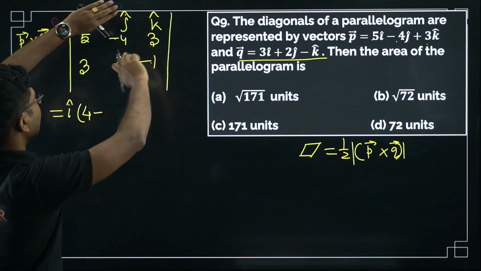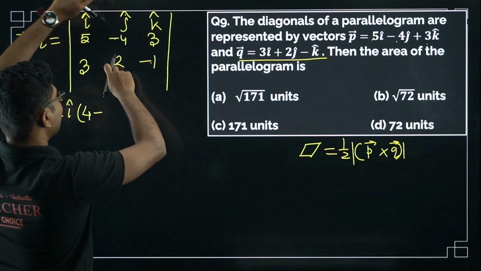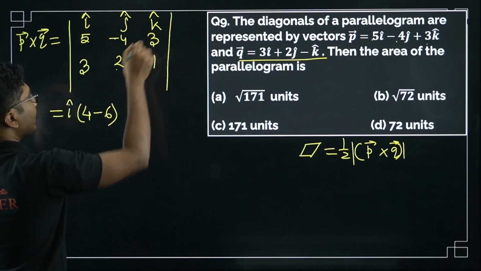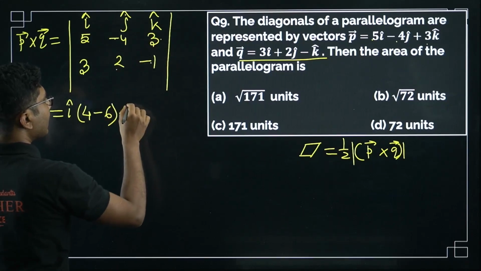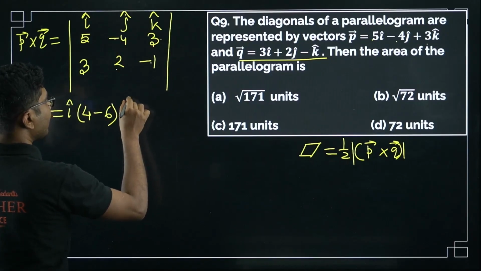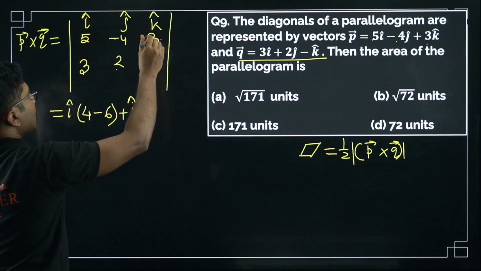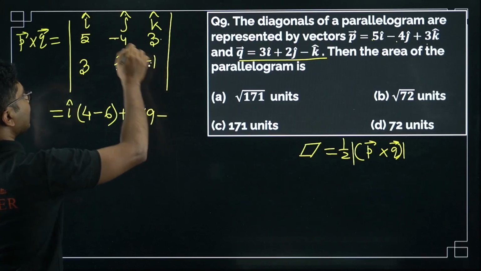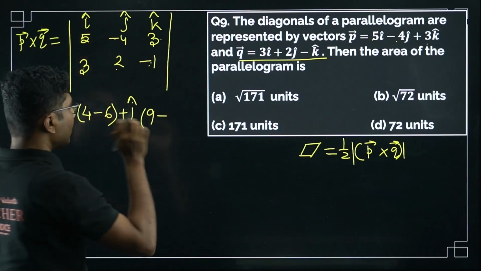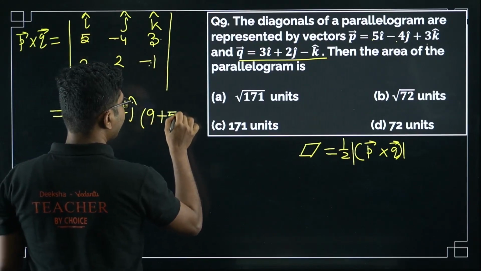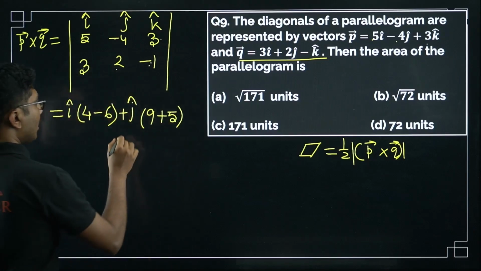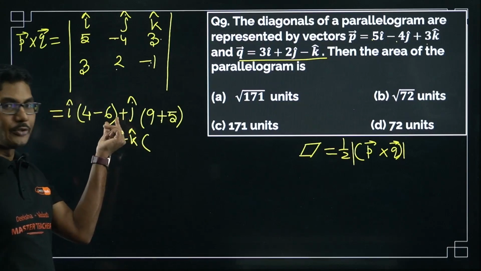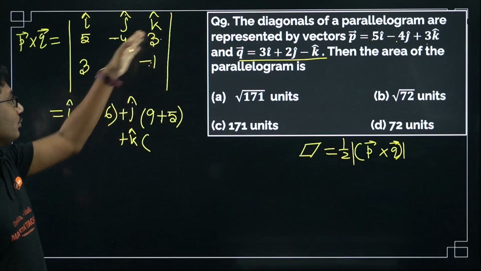2 into 3 which is 6, right? Then we start with this 3, so here we will have j cap. Now the middle portion is covered: 3 threes are 9, minus 1 into 5, that is plus 5. Then plus k cap. You can use a different method where you put a minus sign over here and then multiply like that.